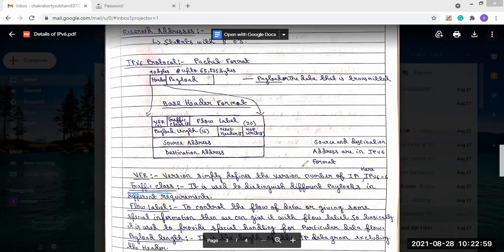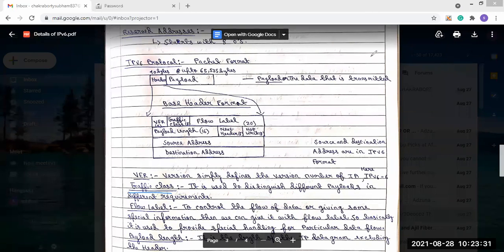Basically, it is used to provide special handling for a particular data flow. That means it is used for specially handling that particular flow. This flow label field is 20 bits.